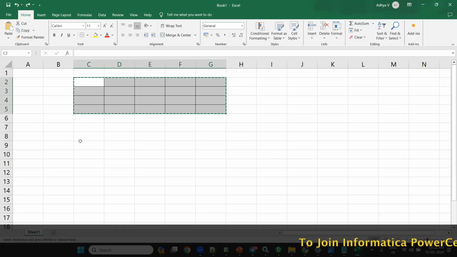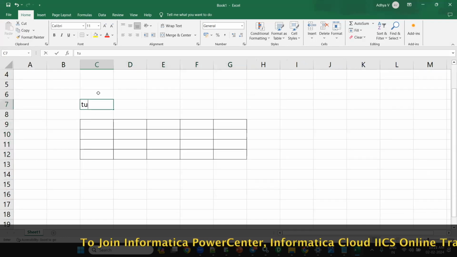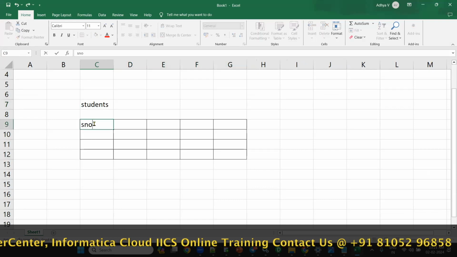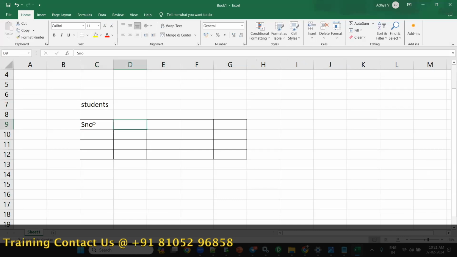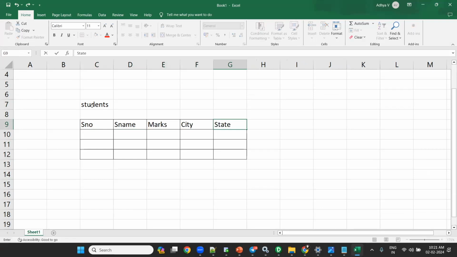Understanding, everyone? So now, suppose I have a student table. My table name is students. In the students table, I have serial number, student name, marks, city, state. So students is a table name.